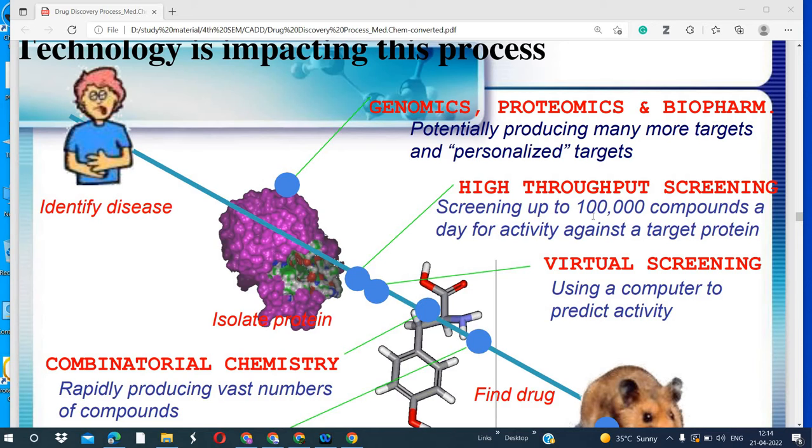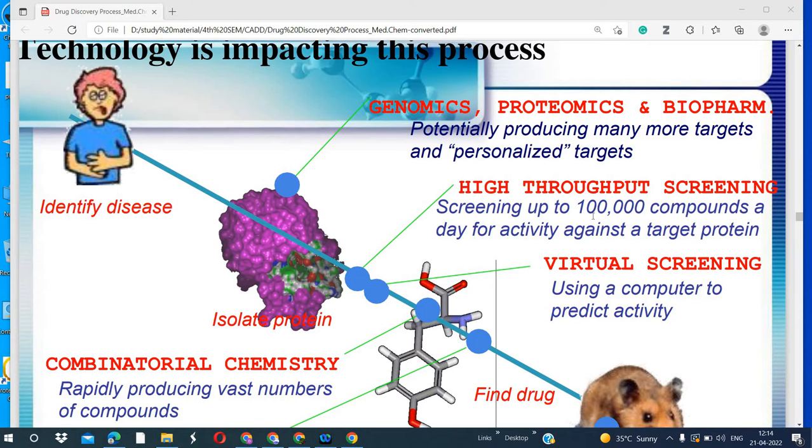Then we proceed to virtual screening after identification of the target. We can also perform virtual screening before high throughput screening, because high throughput screening using microarray is a wet lab experiment, which costs a lot.